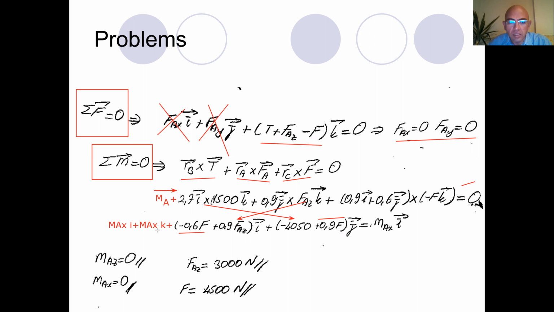Sorry, it is Maz. Let me write it separately here. So it is Max i vector plus Maz k vector, and i and k are vectors.